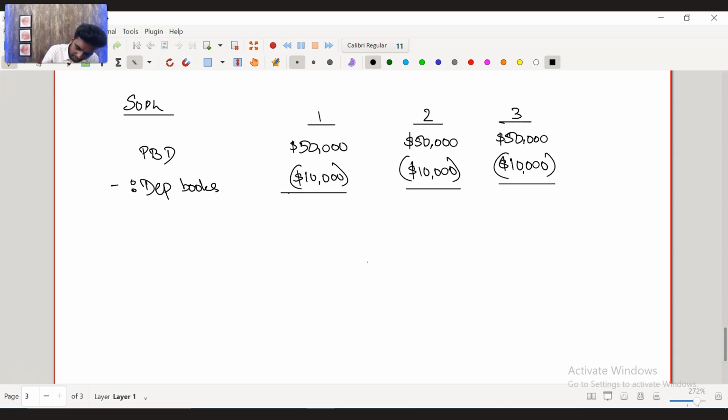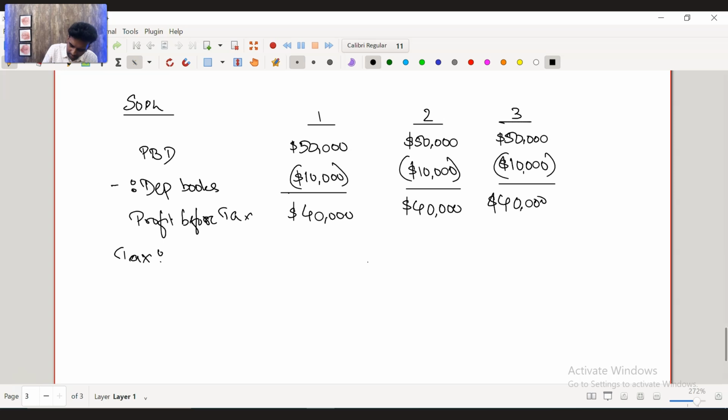So what will be your net profit? Profit before tax will be 40,000 each year. Let's assume that every year this is your amount. Now when it comes to your tax, what happens? You have two types of tax: your current tax and your deferred tax.